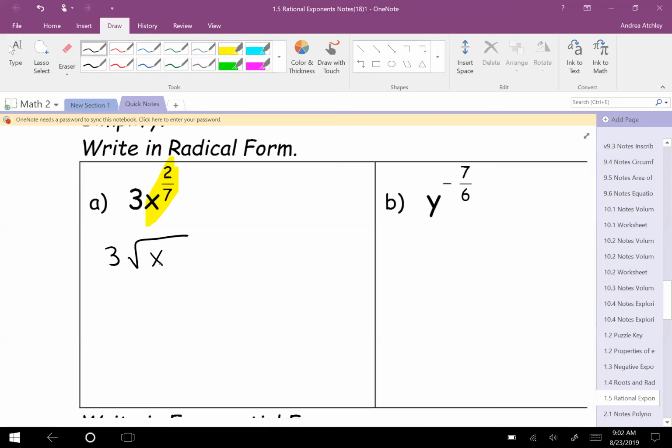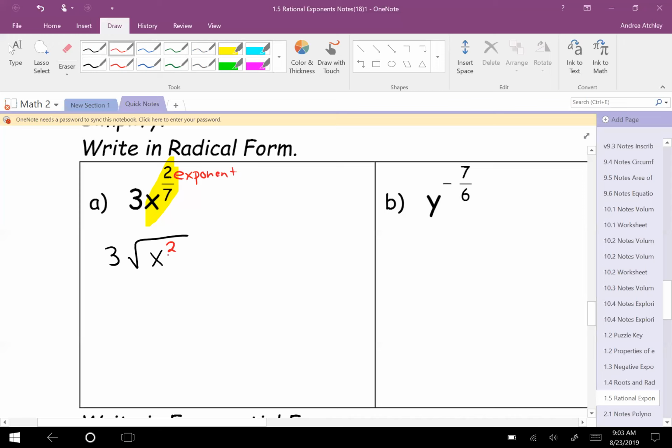And we need to remember what our roots are and our exponents. Mono, what is the exponent here? 2. This is my exponent. So the 2 is the exponent here.